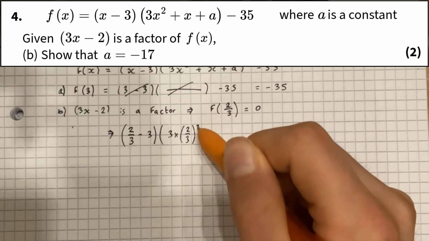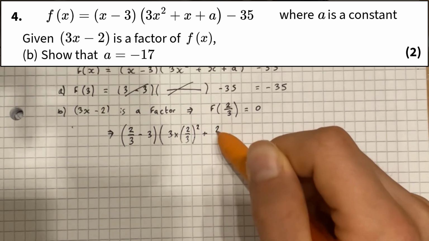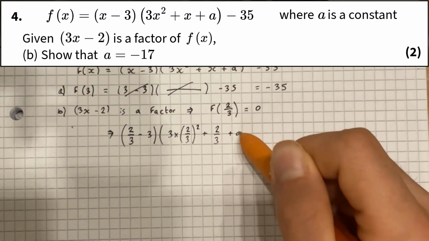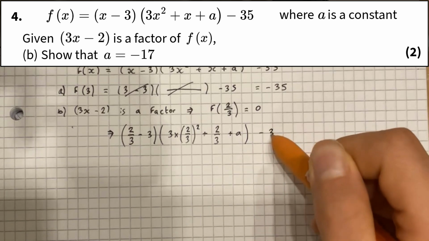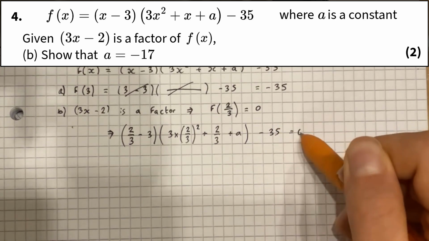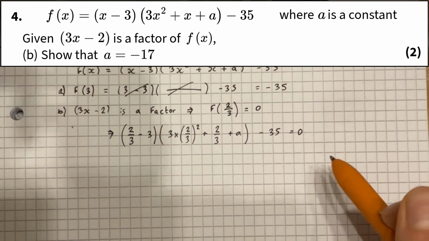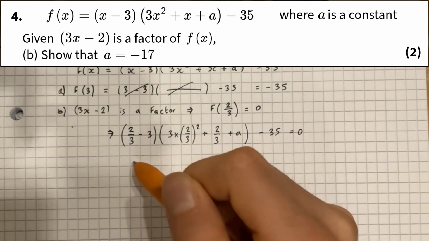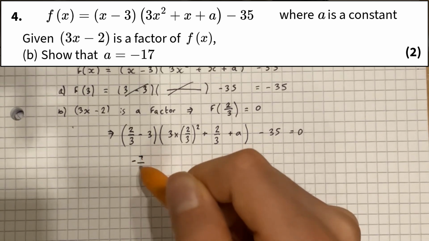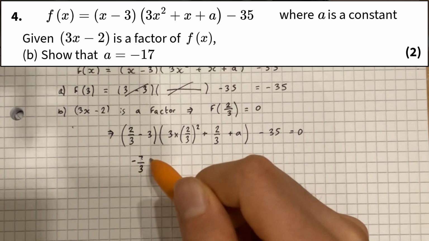So I'm substituting x in here, squared plus x plus a, minus 35, and that all together should be equal to 0 because it's a factor. 2/3 minus 3 is the same as 2/3 minus 9/3, which is minus 7/3.